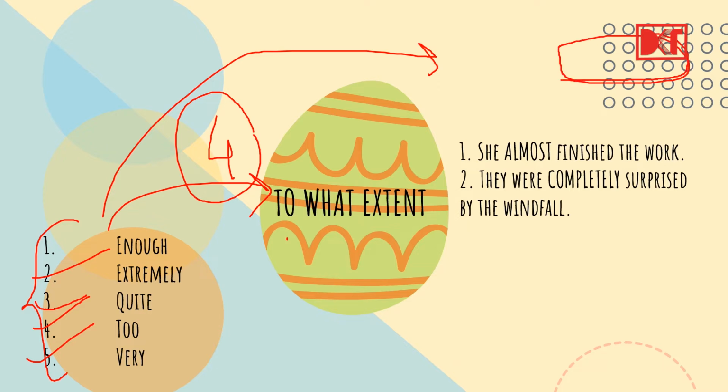To what extent has she finished the work? She has almost finished the work. So which word is answering the question of to what extent? Almost. So almost becomes the adverb. Then they were completely surprised by the windfall. To what extent were they surprised by the windfall? Completely. So the word which answers the question of to what extent is completely. So this is the fourth category.